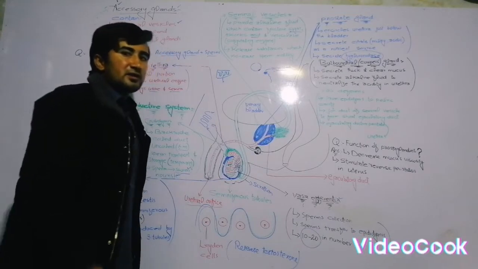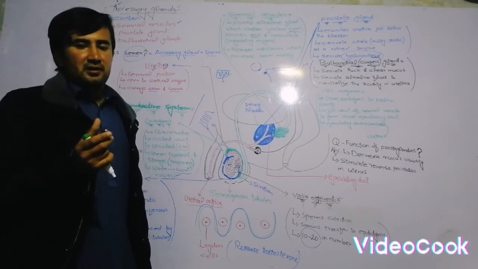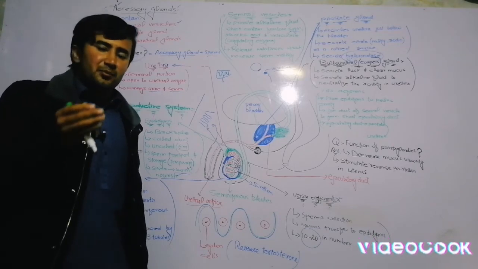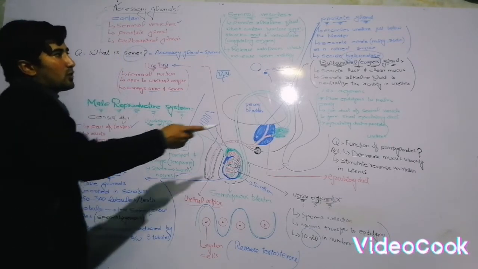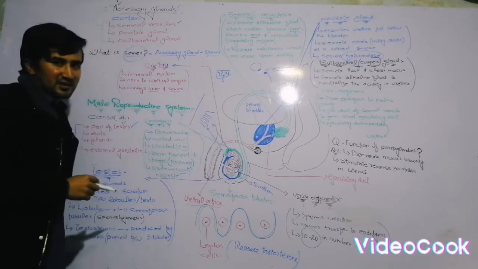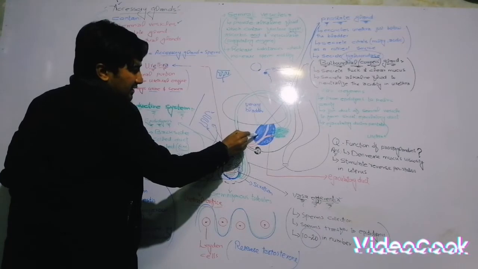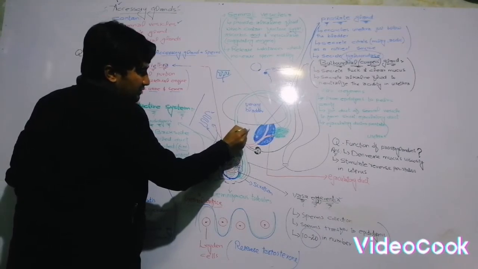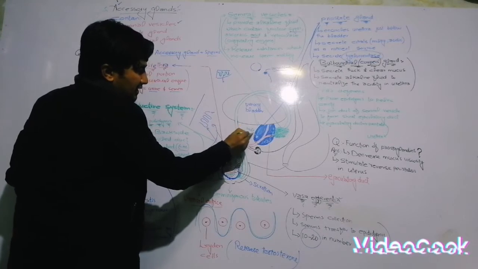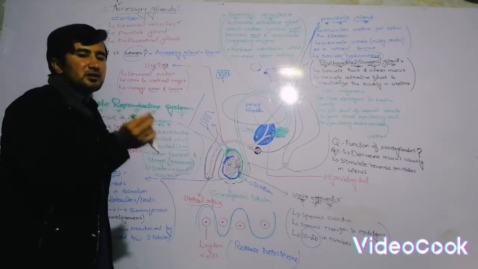What is citrate? Citrate is a milky and acidic fluid, and it provides nutrients for the sperms. The prostate gland produces citrate, and citrate gives food to the sperm.